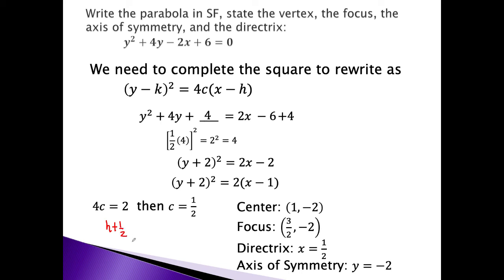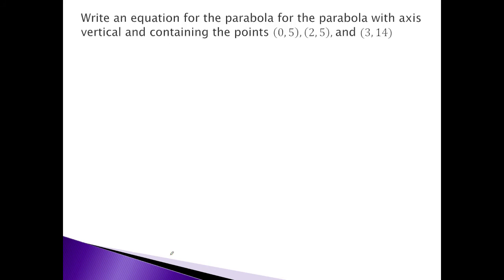Since h is 1, our focus is found by h plus 1/2. Since h is 1, 1 plus 1/2 is 3/2. Our directrix we find by taking h minus 1/2. And since h is 1, we have x equals 1/2 as our directrix. Our axis of symmetry is y equals -2.